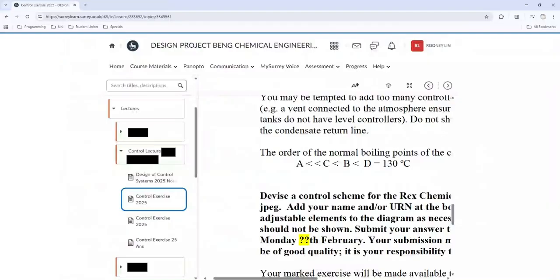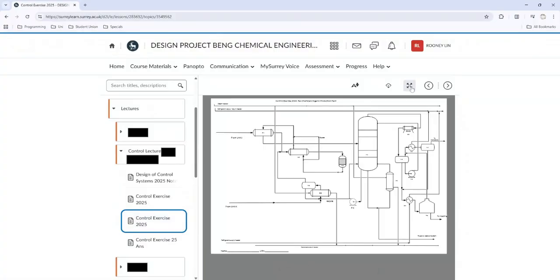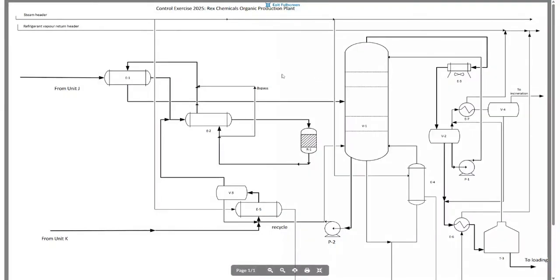Every single description of control exercise 2025 has been given, so let me go back to the Visio diagram for a moment. If I zoom in, yes, the last statement I spoke: some components in E1 flow go through to distillation column V1, reboiler E4 or condenser E3, other storage tank, or return to feed products.